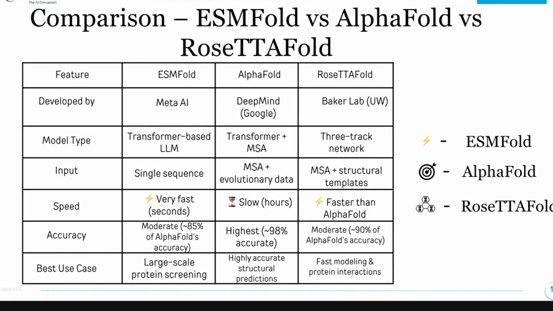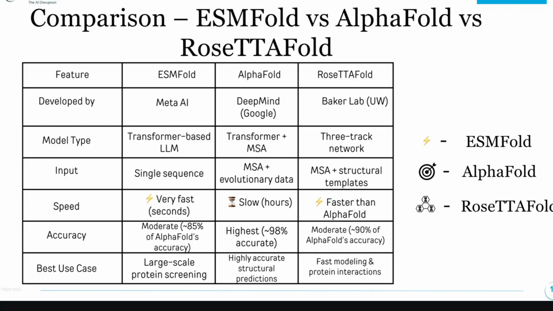RosettaFold is basically designed for predicting multi-chain protein complexes and interactions. Input type, like I mentioned: ESMFold is just a single sequence, whereas AlphaFold is multiple sequence alignment plus evolutionary data, and RosettaFold is MSA plus structural templates. Structural templates combine sequences and known structures for better prediction.